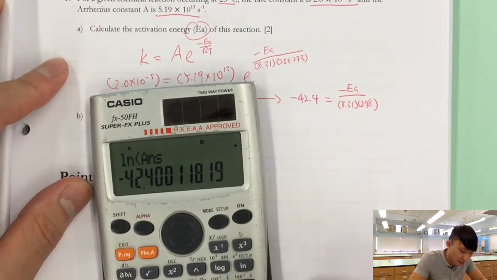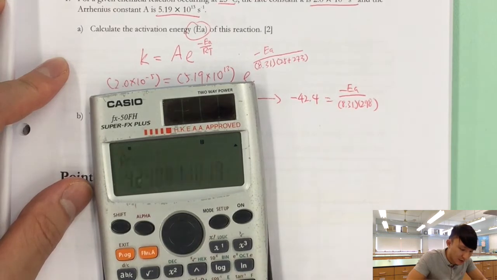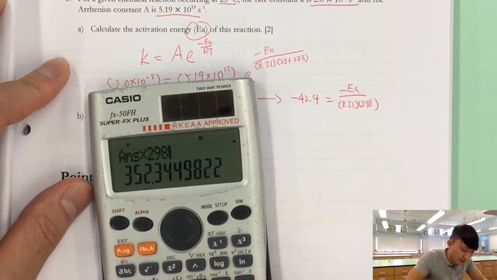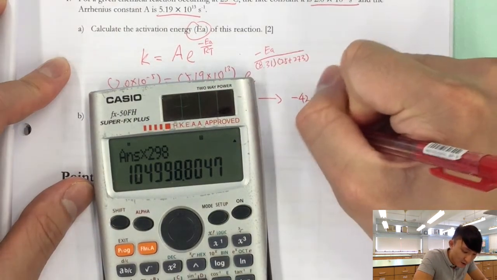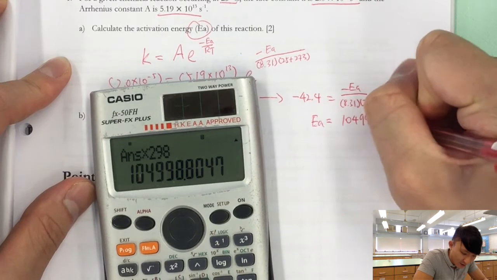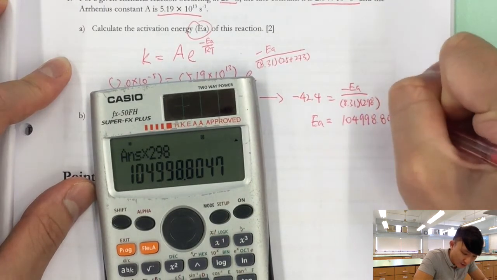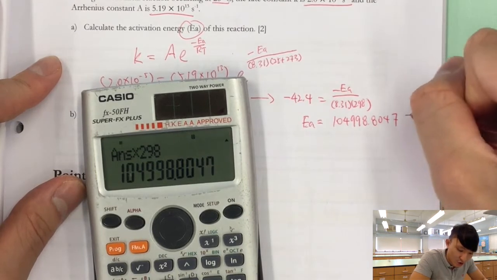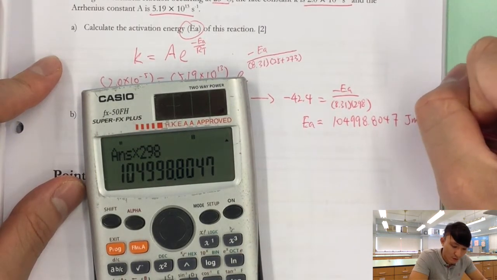So the negatives are all cancelled out. And then it multiplies 8.31 multiplies 298. So this EA would be 104,998.8047.